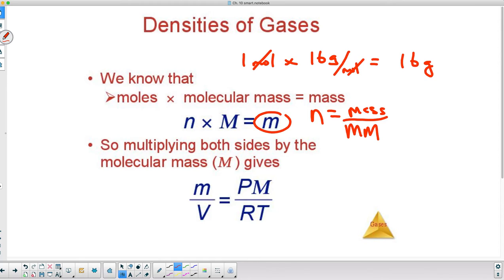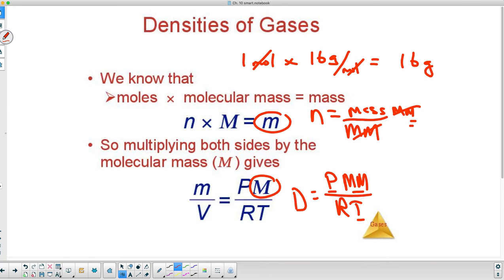I multiply both sides by molar mass to get it to the top. So in short, density is simply equal to pressure times molar mass divided by RT. R is a constant, so for the density of a gas, all I need is the molar mass, or the formula, pressure and temperature.